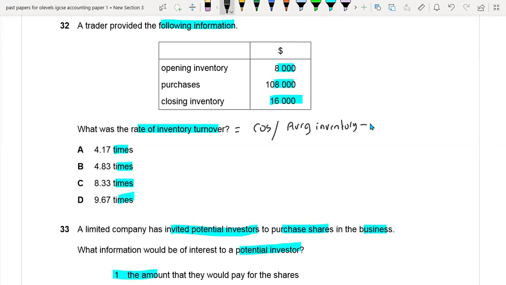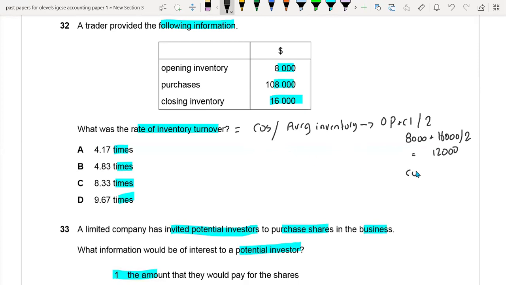The formula for the average inventory is opening inventory plus closing inventory divided by 2. So opening is 8,000 plus closing is 16,000, divided by 2. This will give us the answer 12,000. So 12,000 is our average inventory.